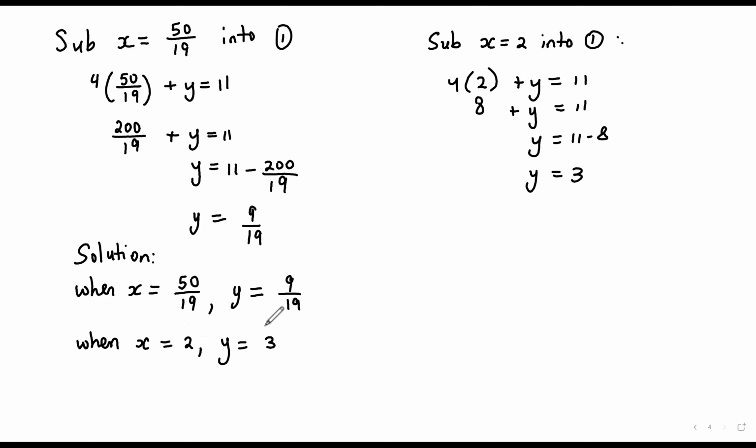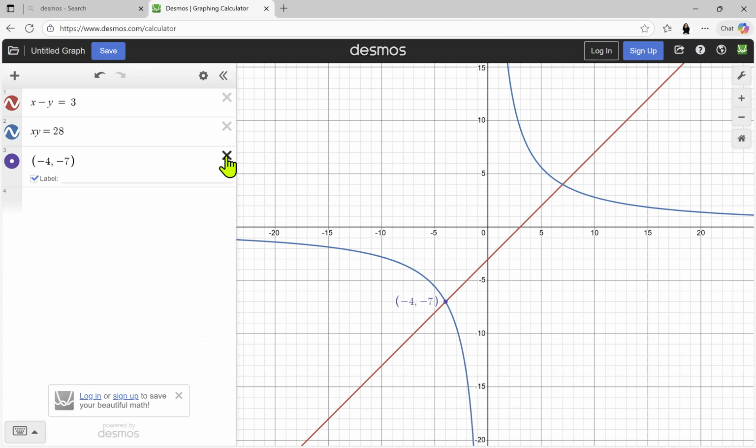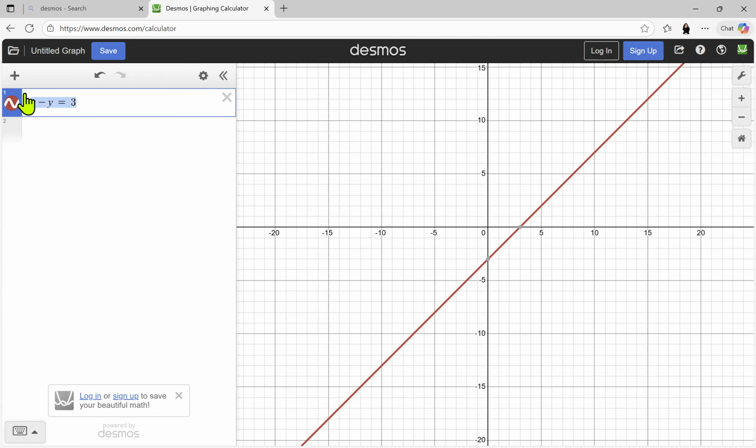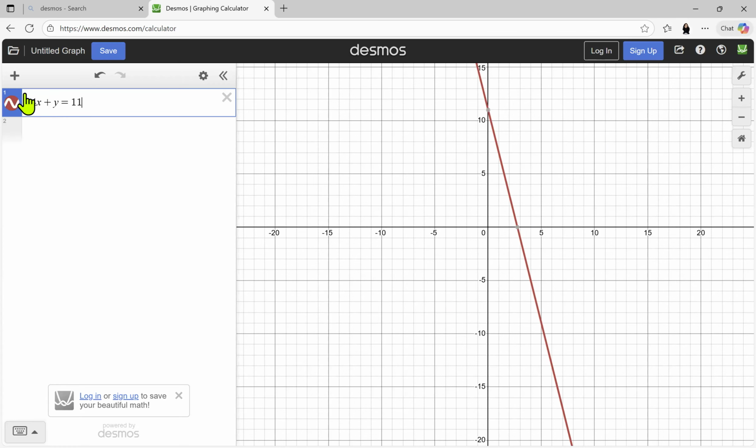And guys, let's look at it on a graph. Let's look at it on the graph and see. So I'm going to remove the old info from the previous graphs. The first one is 4x plus y is equal to 11, right?